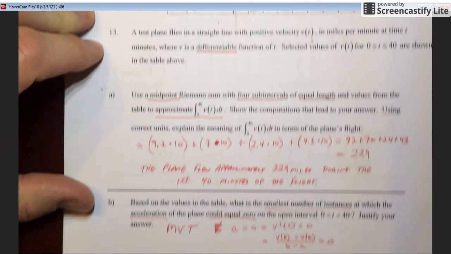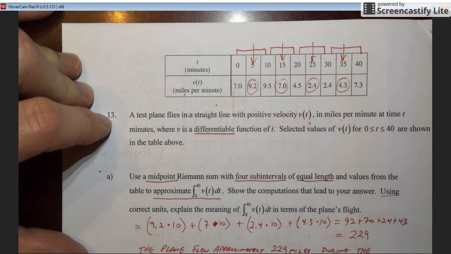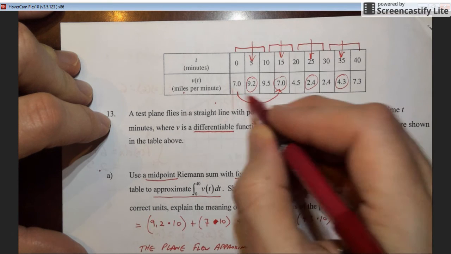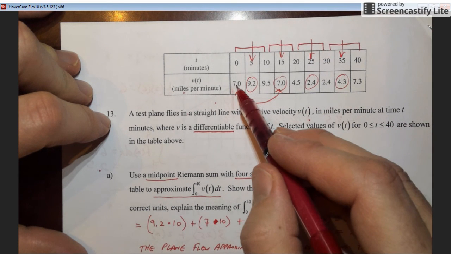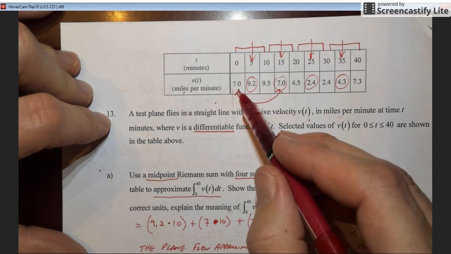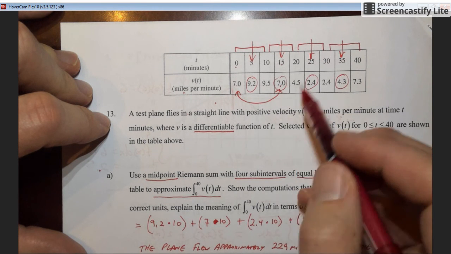Let's go to our chart. Do we see a pair of velocity values that are the same? I do. See them here and there. All right, so if the velocity is 7 miles per minute at time 0 and 7 miles per minute at time 15, 7 minus 7 over 15 minus 0 will give us 0.